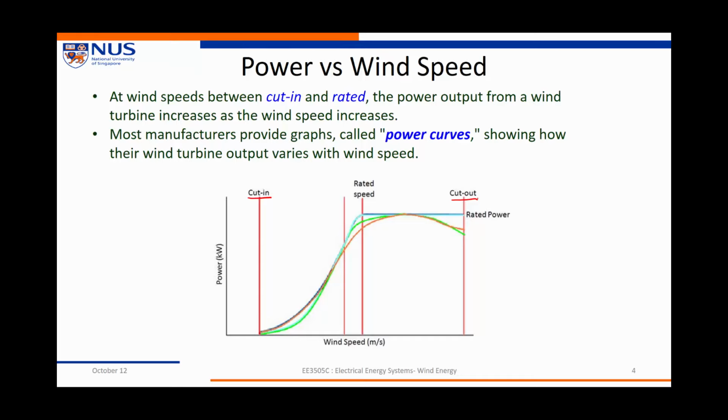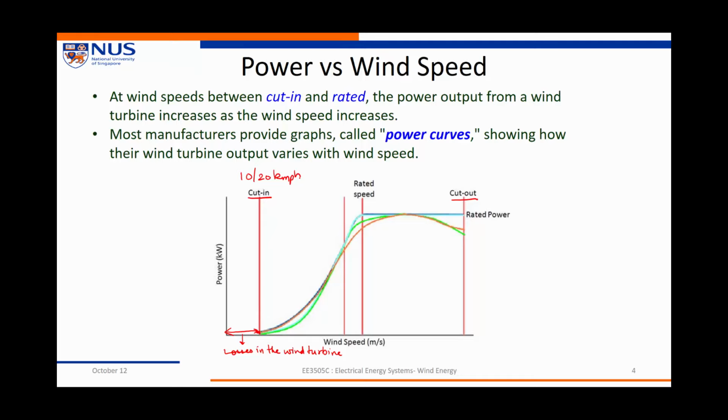So what it means is that only after a certain wind speed I'll be able to get some usable power from the wind turbine, which also means that at any speed lower than this point, all the power is utilized for overcoming all the losses in the wind turbine. So this value typically is between 10 to 20 kilometer per hour.